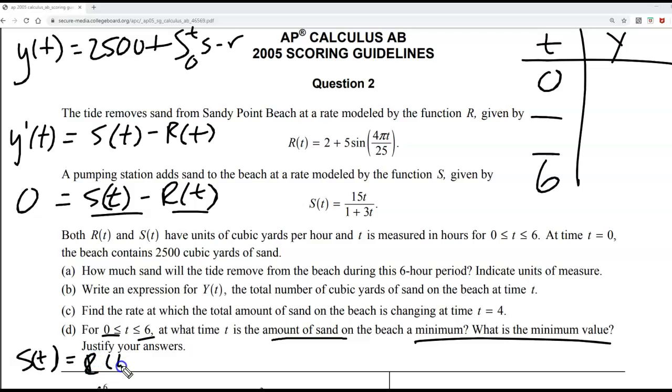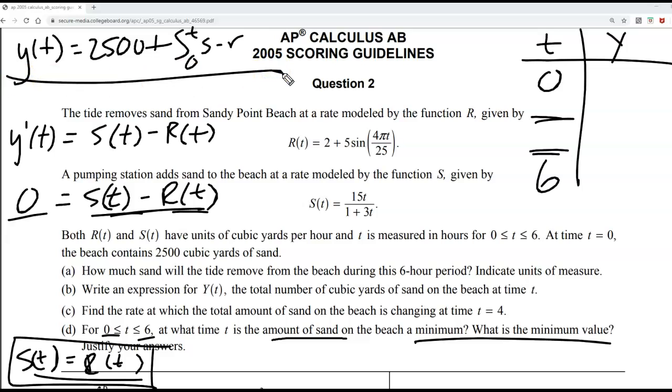So what I'm going to be doing on my calculator is graph the functions s of t and r of t, and find where they cross. That will tell me where they're equal. Because when the rate in is equal to the rate out, that means the total rate of change will be 0, which will give me my critical values. Once I know my critical values, I can just plug each of them in up here to find the amounts at each time, and that will tell me the minimum.